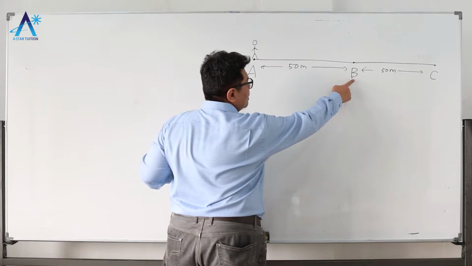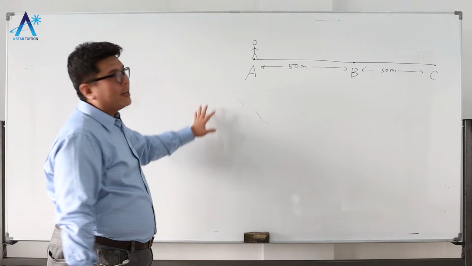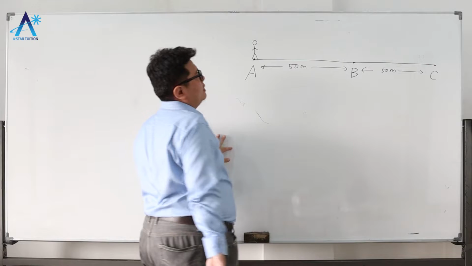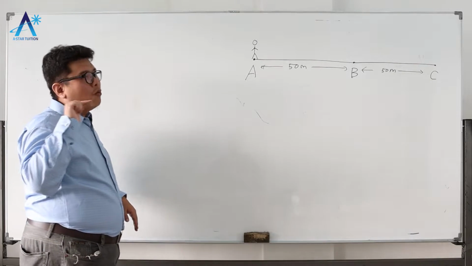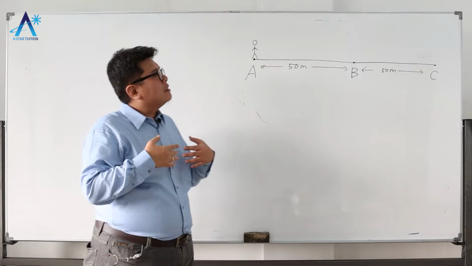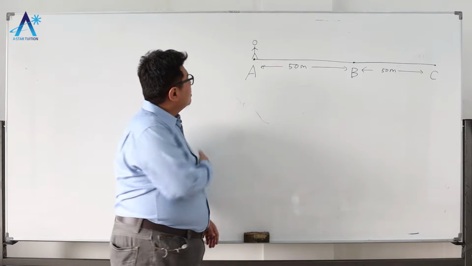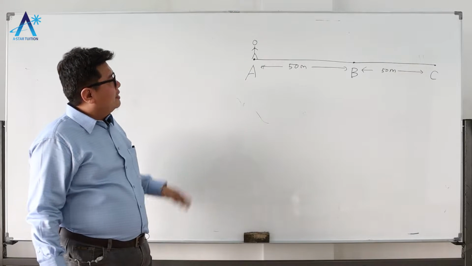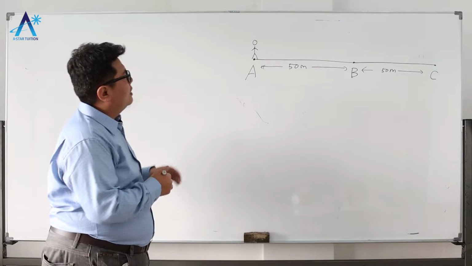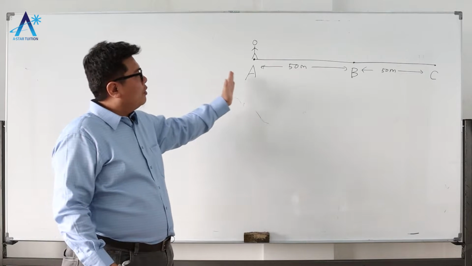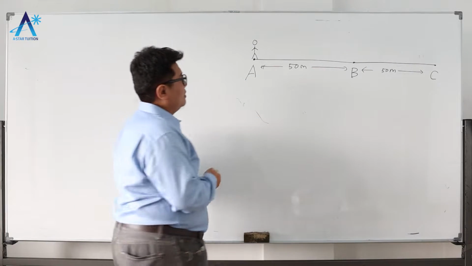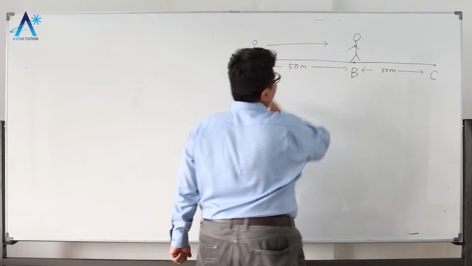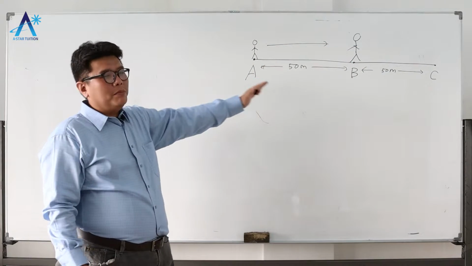B is 50 meters to the right of A, and C is also 50 meters to the right of B. They are in one straight line, or we sometimes call it collinear. A person is initially at point A. Let's say the person walked from point A to point B.